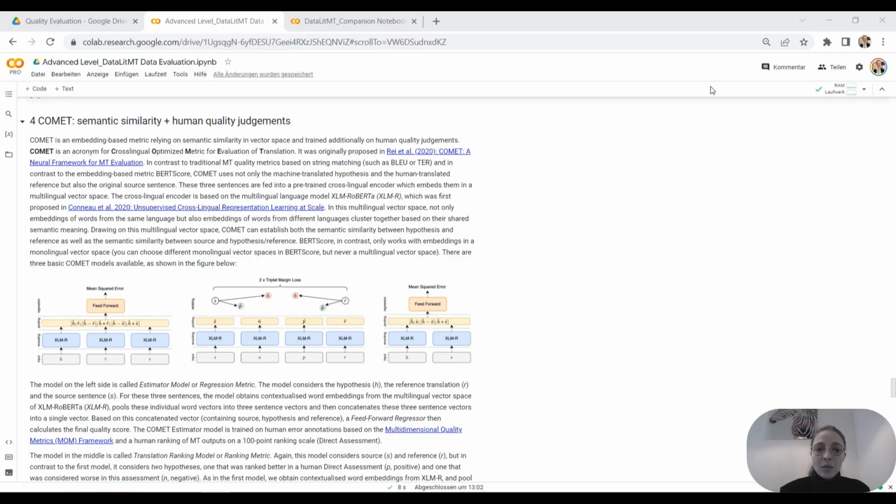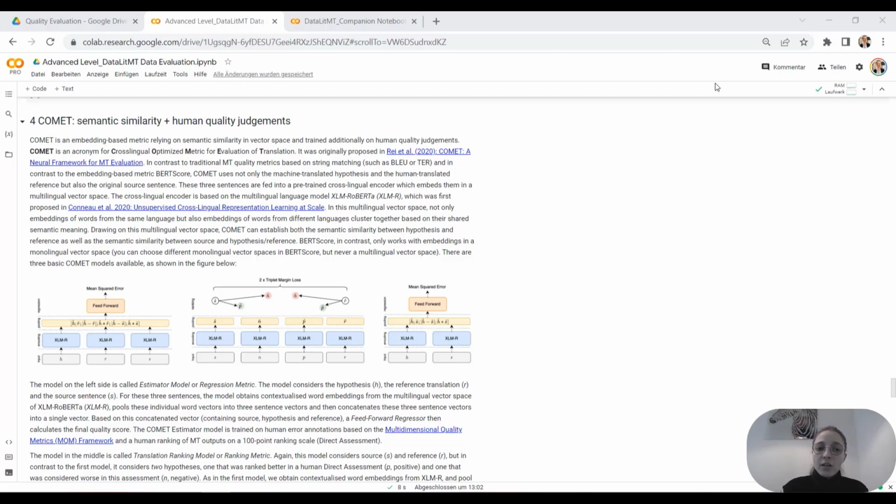So this means that not only words from the same language are sort of clustering together. So if they mean the same, they would be clustered together, but also words from different languages with the same meaning are clustered together. So for BERTScore, we would only have one language. So for English, for example, similar words with similar meanings would cluster together.